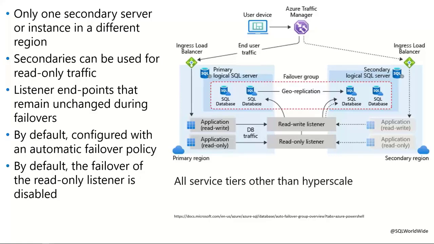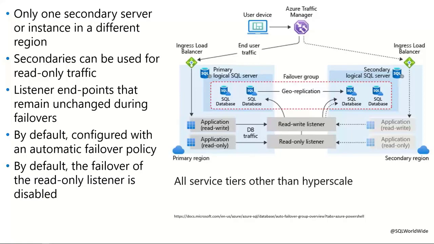But one good advantage here is that if you fail over, you do not have to change your connection string. Your connection strings remain unchanged, and I'll show this in the demo. Azure will redirect your queries or your calls to the correct server.